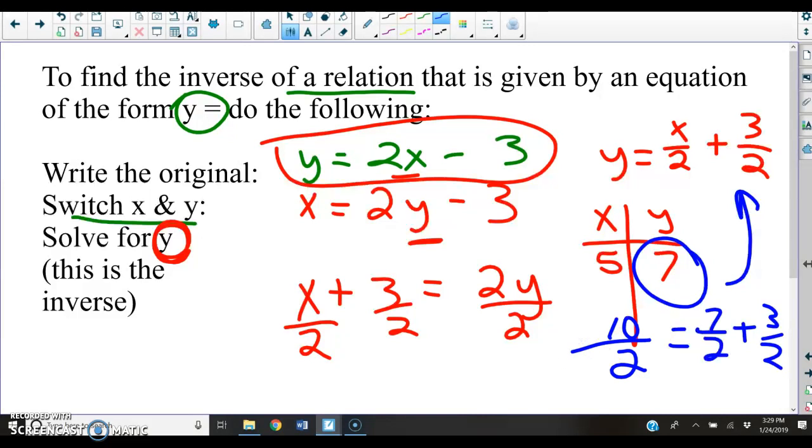You know that's 5. So we have found the inverse. One undoes the other. Likewise, if I were to pick a number to put in the inverse relation, for example, I don't care, 11. I would have 11 over 2 plus 3 over 2 for 14 over 2 or 7. Now if I put 7 in here, that would be 14 minus 3 is 11. So they do undo each other.